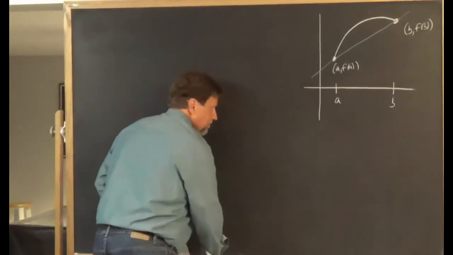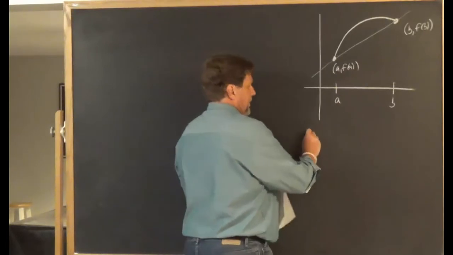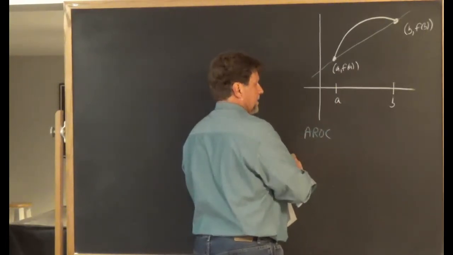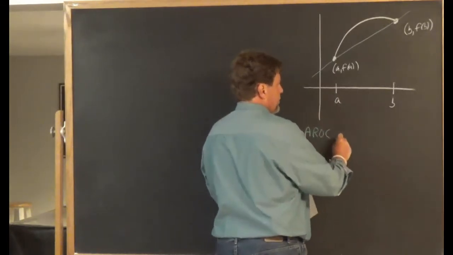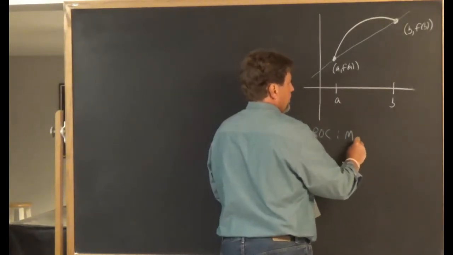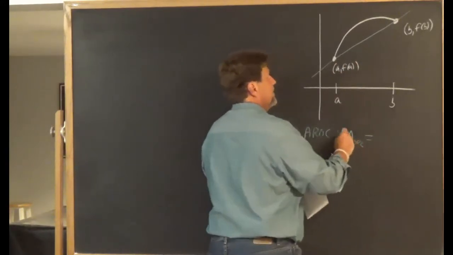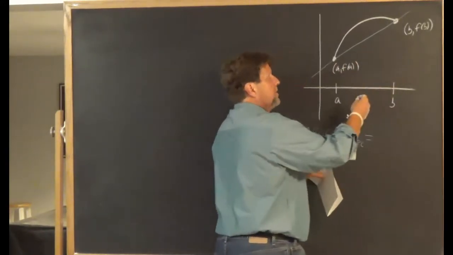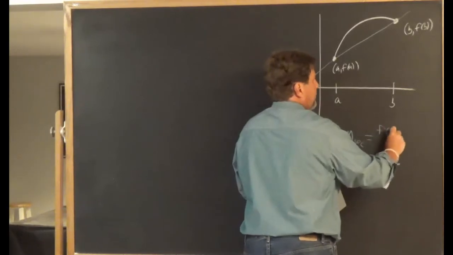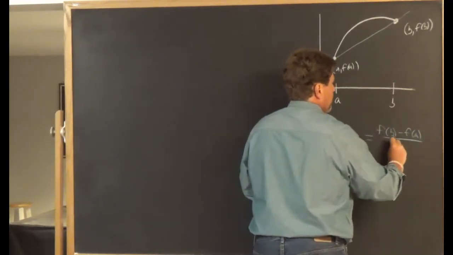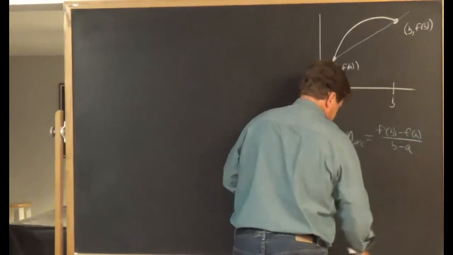So let me just write that down again. I'm going to abbreviate average rate of change as AROC. Average rate of change, slope of the secant line, and for this situation here, the slope of the secant line is just the old slope formula, f(b) minus f(a) over b minus a.